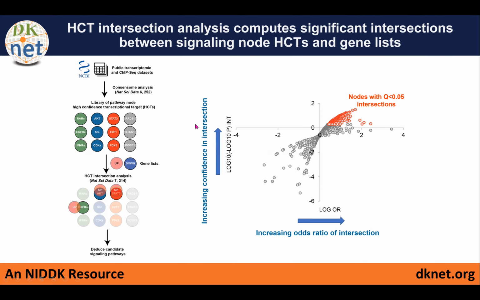Over the next few slides, I'll be showing the results of these intersections in the form of a scatter plot of the nodes in this library, in which the odds ratio, which is the amount over the expected intersection, increases from left to right on the x-axis, and then the confidence of the intersection, the significance, increases from bottom upwards on the y-axis.